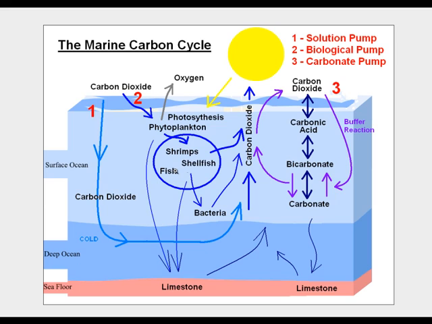For example, the shellfish here, some of them could die and sink to the bottom of the ocean, and that would eventually end up in, if there were enough shellfish, limestone on the bottom of the ocean. The other process is here. This carbonate can actually create calcium carbonate, and calcium carbonate is limestone, which can sink to the bottom of the ocean. Once again, this is a two-way reaction, and the limestone can actually dissolve into the seawater again.